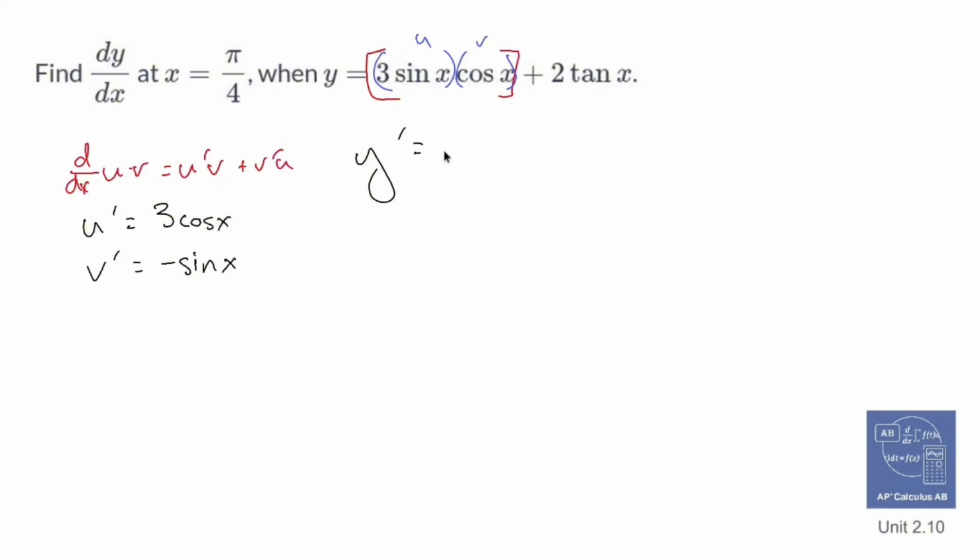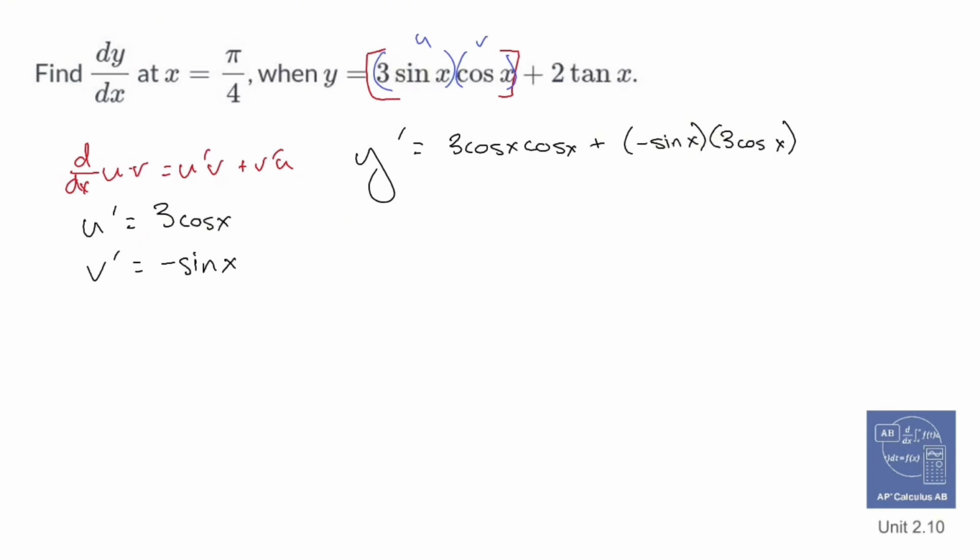So y prime is going to start out with u prime v, so 3 cos x times v, which is cos x again, how nice, plus negative sine x, times u.